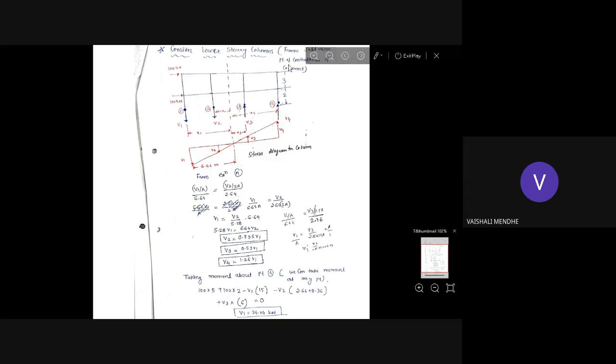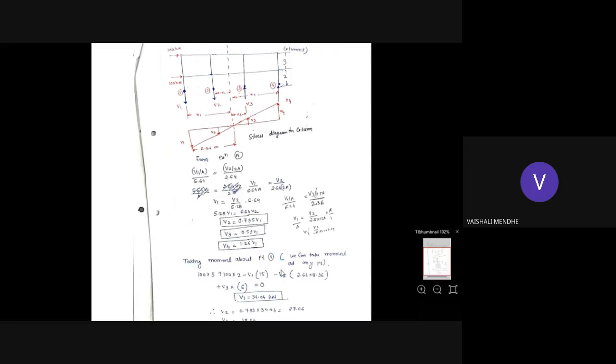Because we are considering the whole frame for the equilibrium, and we will take the moment of all the forces acting on this frame about any point. So इसमें मोमेंट किस किस का आएगा? एक्शियल फोर्स का और लैटरल लोड का. ओके, सो एज वी हैव कंसीडर्ड द लोअर स्टोरी कॉलम, बोथ जो लैटरल लोड है उसी का मोमेंट आएगा.